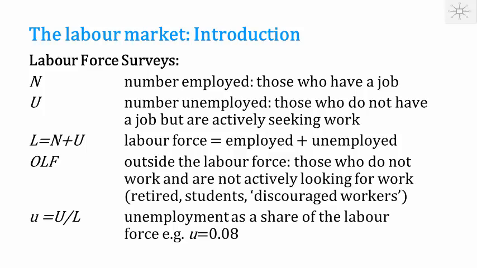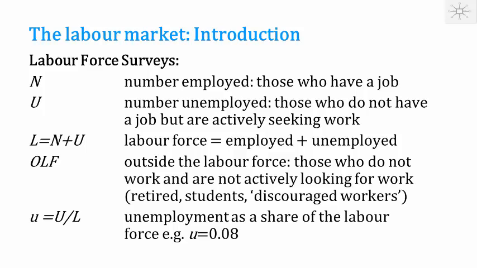And then we use capital U for the number of unemployed. So unemployed are the people who do not have a job but are actively seeking work. And if we sum those two groups, the employed and the unemployed, then we get what is called the labor force. And we denote that by capital L. So you need to learn that term. The idea is those are the people who are directly available for work. They are either working or looking for work.